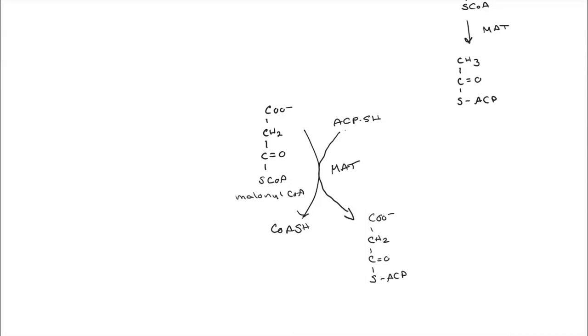Now, KS initially interacts with our ACP-coupled acetyl group up here. You know what? I'm going to put little blocks around the enzymes for clarity.